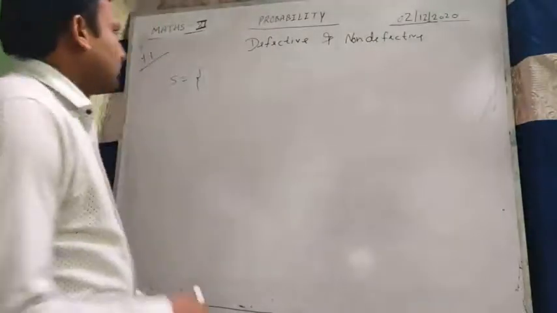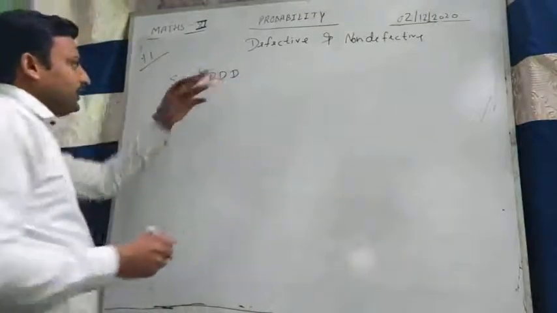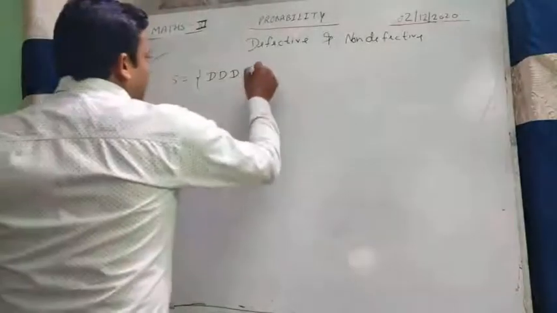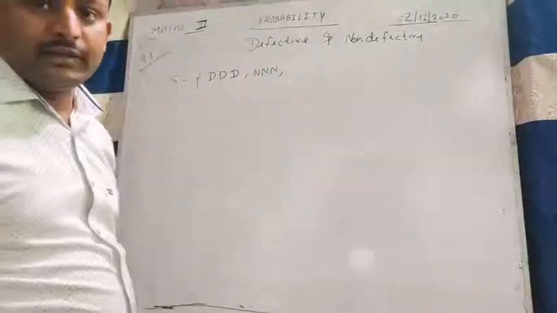So what will it be? D means all three bulbs are defective. N means all three bulbs are non-defective.